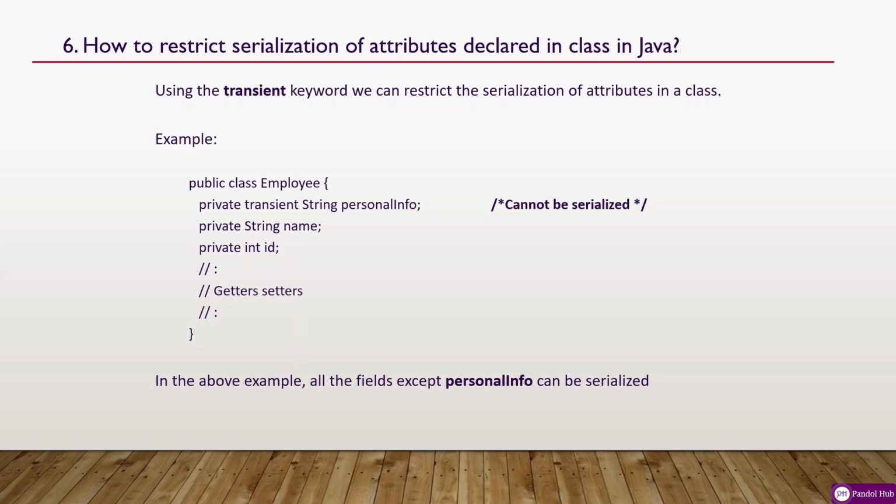For example, I have an Employee class with attributes like personal info, name and ID. I am making the personal info transient, and once the JVM detects that this attribute is transient, it skips the serialization of this attribute in the Employee class. So all the fields except the personal info can be serialized in this class.